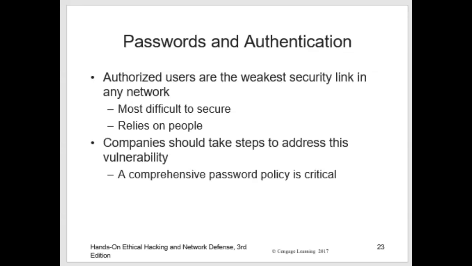Okay, we're back and picking it up with part three: passwords and authentication. So we've already learned that the weakest security link in the network is the authorized user, I believe.